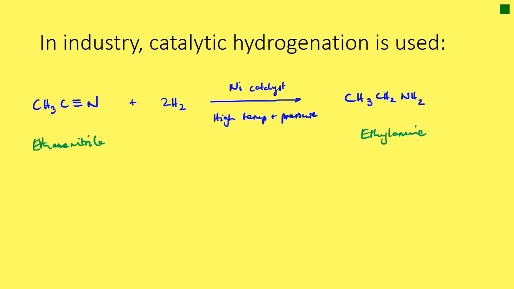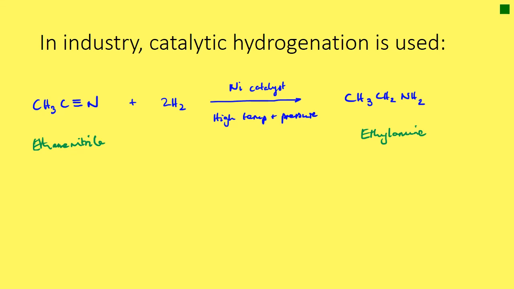Yes, in industry what they use is catalytic hydrogenation. So as that name suggests, we're hydrogenating, we're adding hydrogen gas to our nitrile, and we're doing it in the presence of a catalyst to speed up the reaction. So let's draw it out. We'll start with the same nitrile, ethane nitrile. So we've got CH3 C triple bond nitrogen, and instead of adding hydrogen atoms like we did before, the hydrogen atoms coming from the reducing agent, we're going to add hydrogen gas.